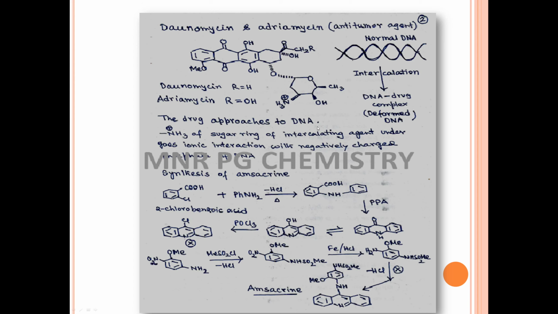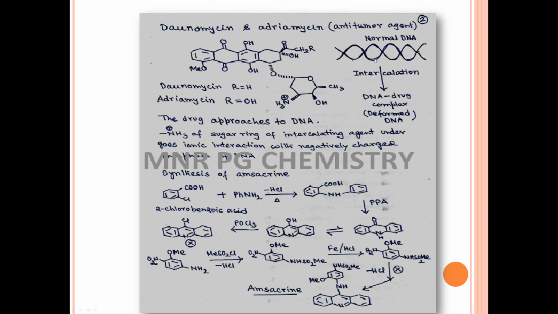Now the mode of action of these molecules, as already discussed, is as DNA intercalating agents: they approach the DNA, and this NH3 plus is there. That NH3 plus is on the sugar ring, one extra sugar ring present in the drug molecule. So the sugar ring has NH3 plus attached, and it undergoes ionic interaction with the negatively charged part of DNA.